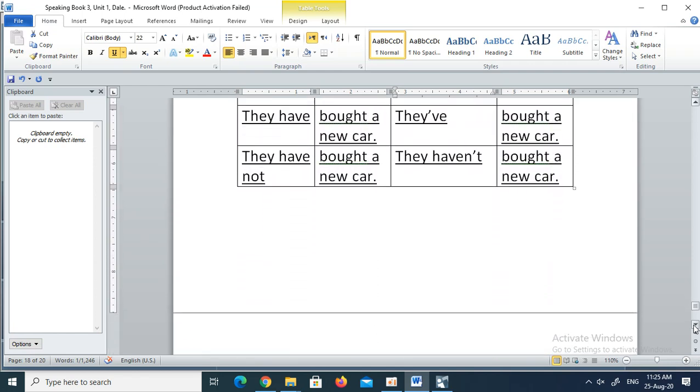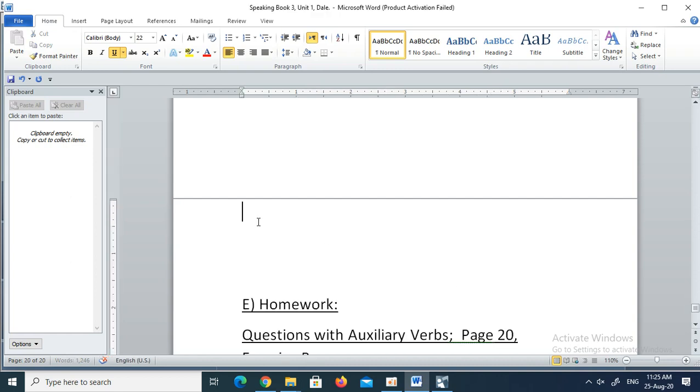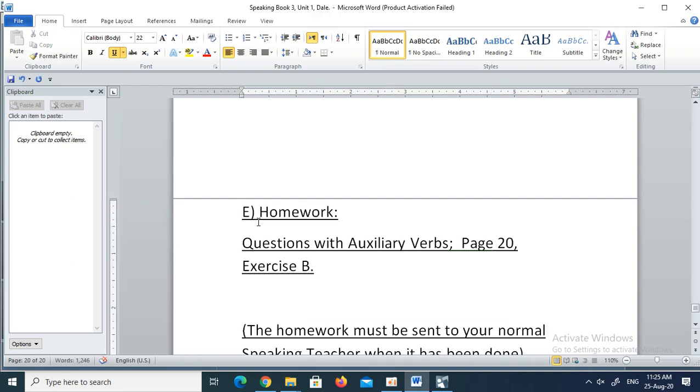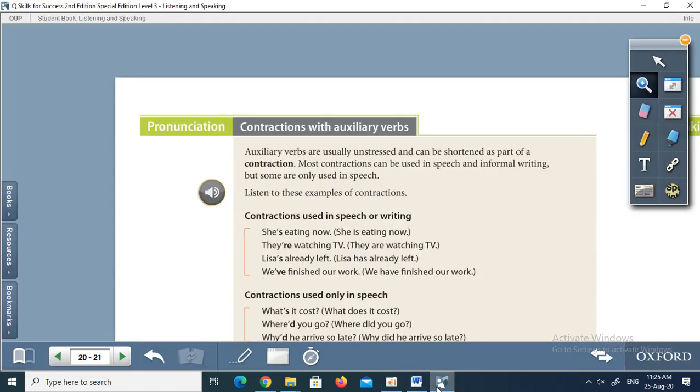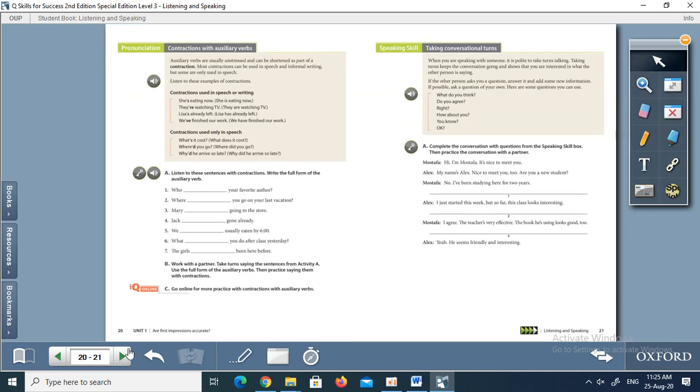Okay, that basically brings us to the end of the lesson today. And for our homework, we need to have a look again on page 20.